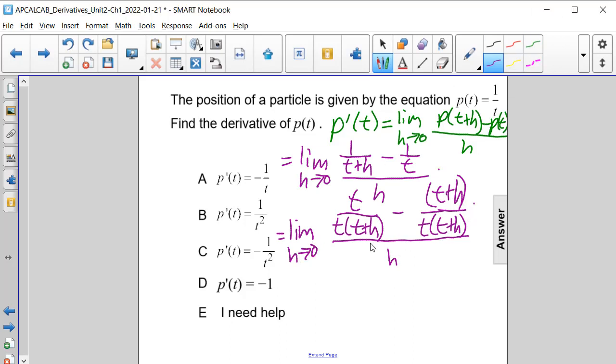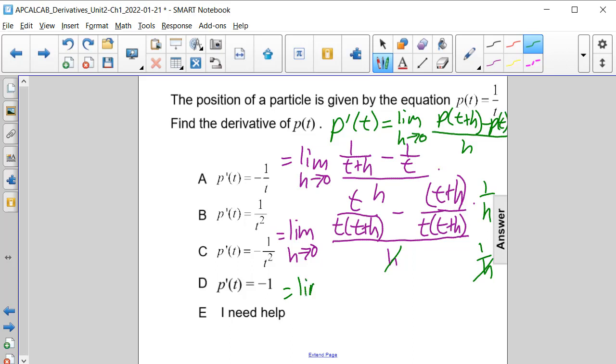Now, in order to get rid of these rational expressions over h, let's multiply by 1 over h in both the numerator and denominator of the big fraction. So these will cancel out. And we can also combine these together and have that common denominator.